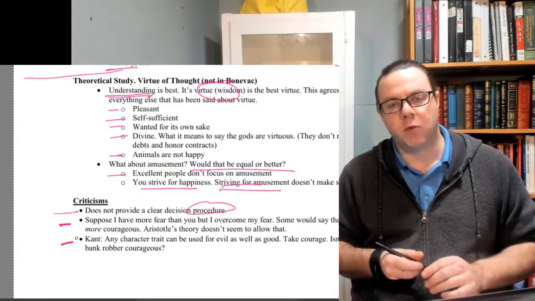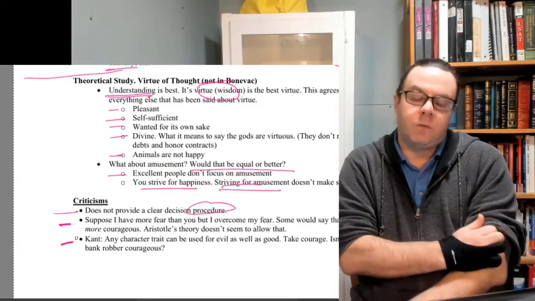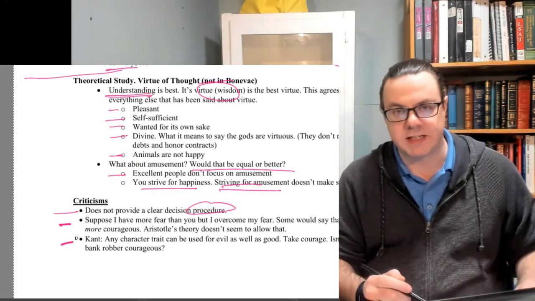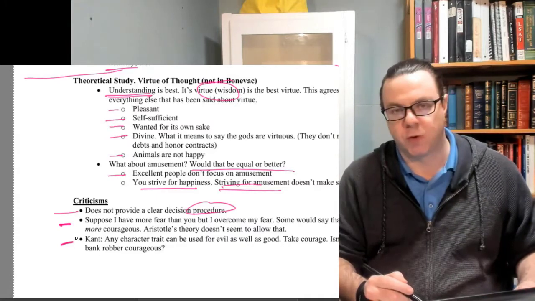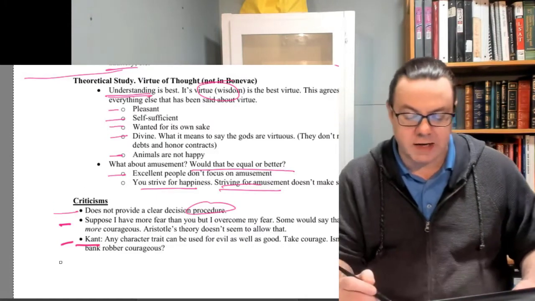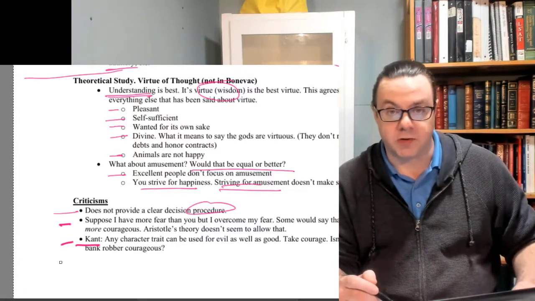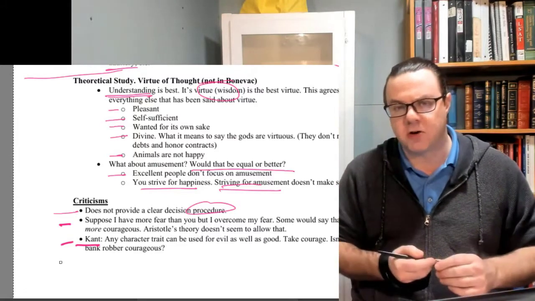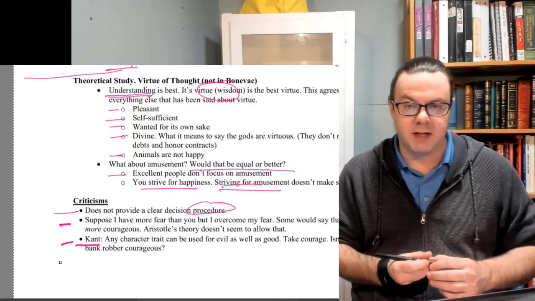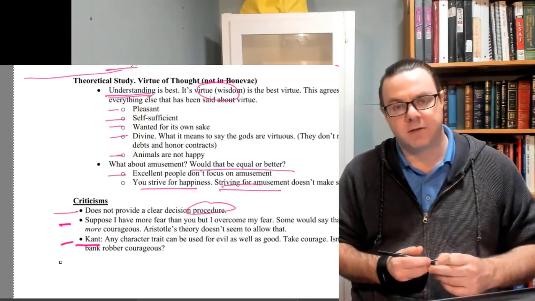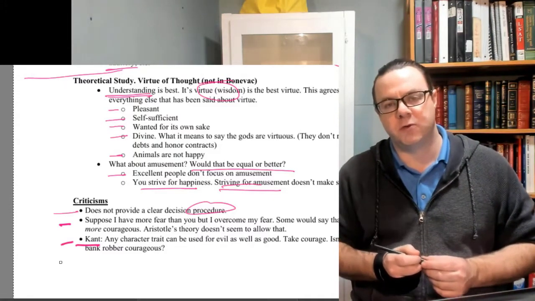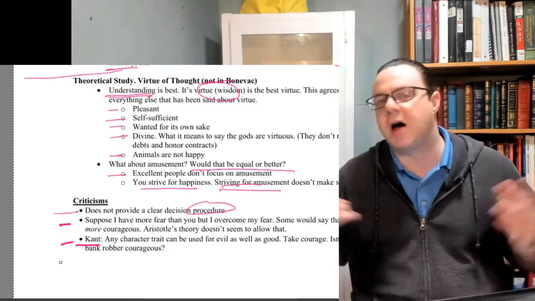Now I'll bring up one more objection, and it's the objection that we directly saw Kant make to such theories that base morality on these character traits. Kant says that any character trait could be used for evil as well as good, and he specifically says courage, and maybe that's because that was featured heavily in Aristotle's theory so many years before, which was so influential. Kant says you could have a courageous person who uses their courage to go and rob you or something.